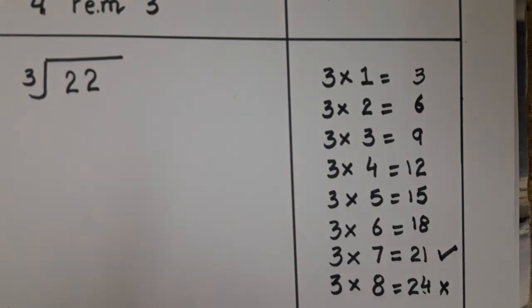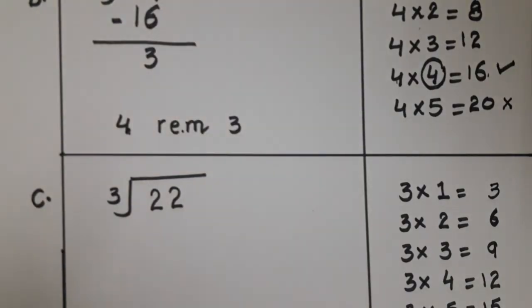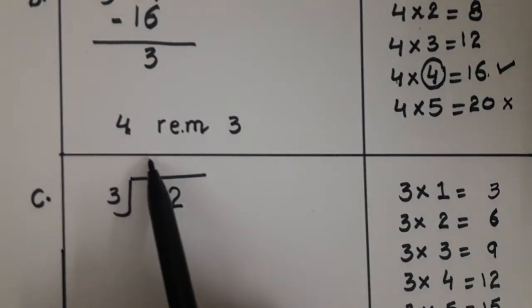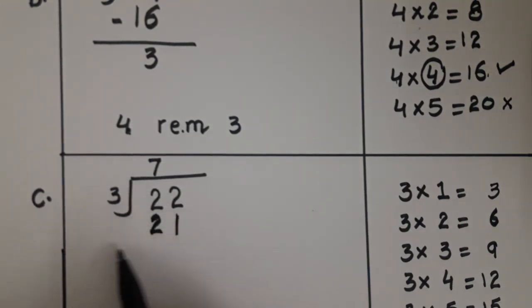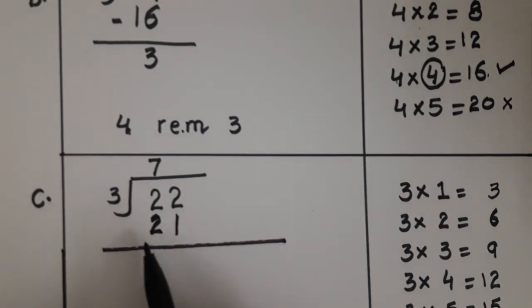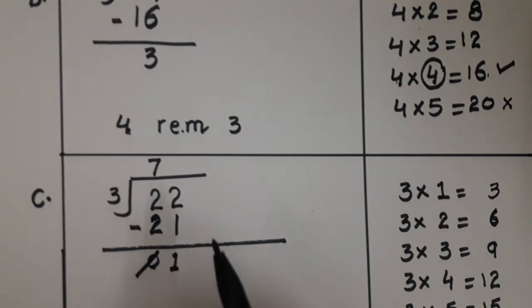3 sevens are 21. And then we will subtract it. 2 minus 1 is 1 and 2 minus 2 is 0. So this 0 has no value. So you need not write it, but it's up to you. First you can write 0 over here and then cut it.